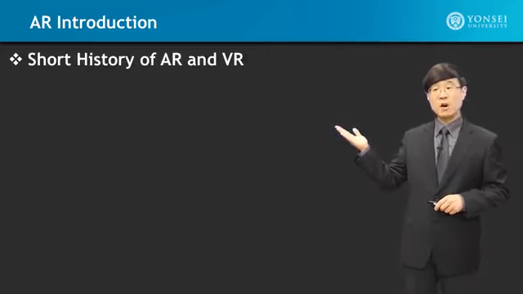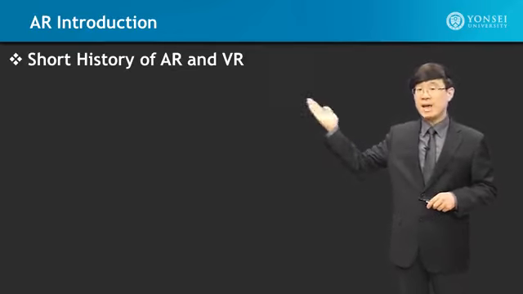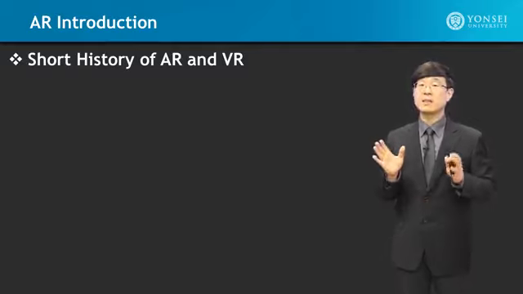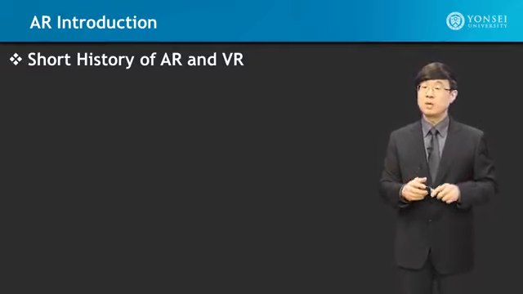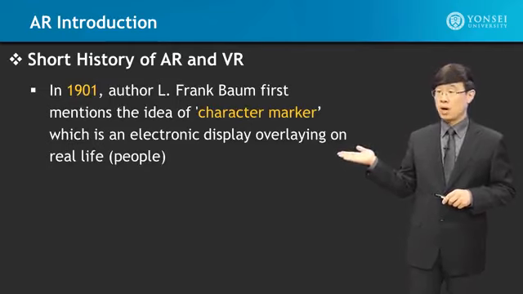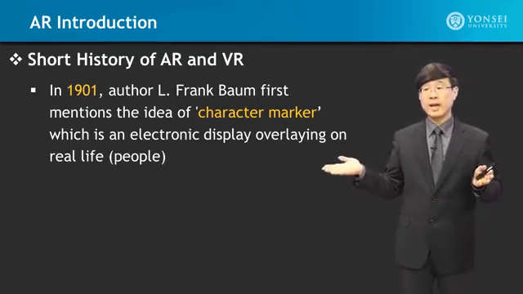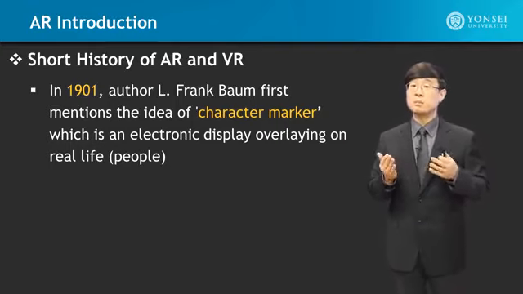Short history of augmented reality and virtual reality, because the two coexist, and there are some similarities, yet there are many differences we need to know about the two. In 1901, the author Frank Baum first mentions the idea of the character marker, which is an electronic display overlaying real life, especially people.